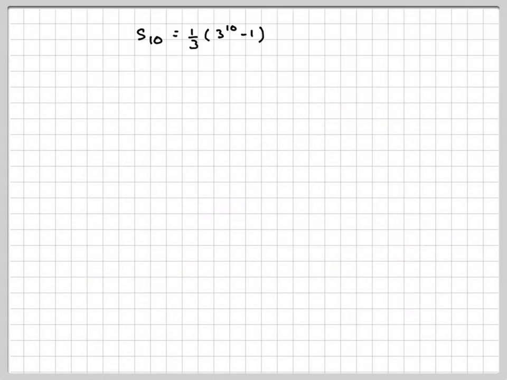Let's write that out again. Taking my calculator out, working it out using the fraction button and brackets carefully, we're going to get 59,048 over 3, which gives me the sum of the first 10 terms.